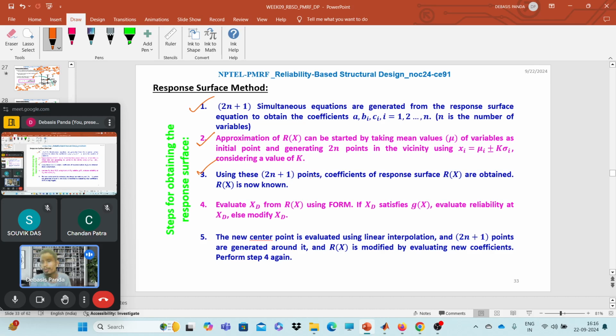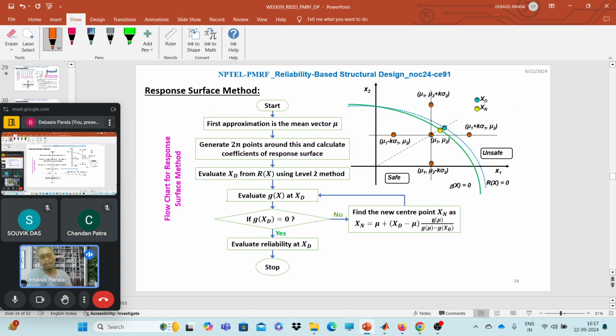Now that we have the response surface, we can evaluate the design points using FORM and SORM. At the last stage, the new points we get from the reliability analysis, we interpolate with xd, and we get the value of the final point. So the algorithm is very simple. First start with the first approximation of mu, then generate 2n points around the mean. That means we already have 2n plus 1 approximation.